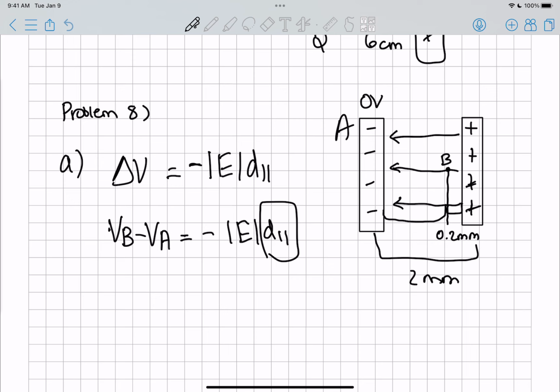Now, they don't really mention which direction you're moving in, but they do have a positive charge labeled in the diagram, and that positive charge has a little arrow to the right. So assuming that, we can see that the positive charge is moving in an opposite direction to the electric field towards point B. So that distance would be negative because it's in an opposite direction to the electric field.